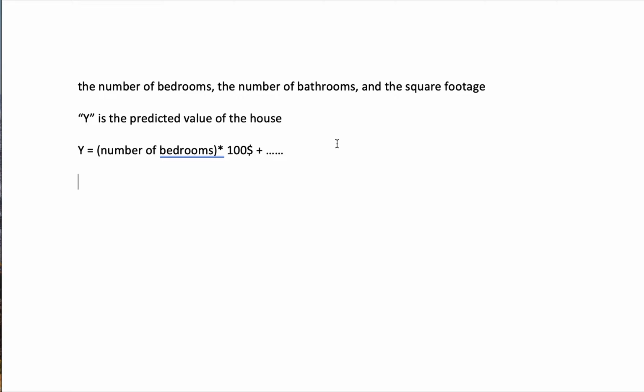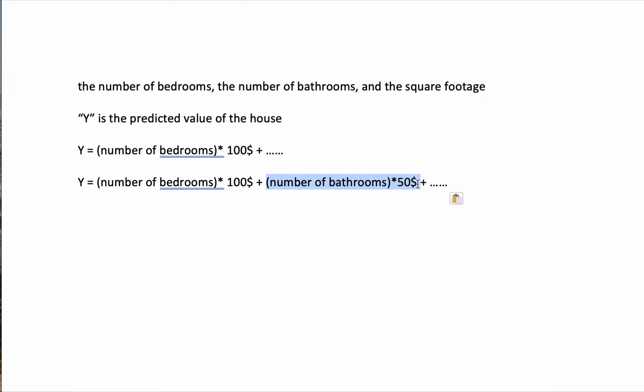So we're just now adding another term in here into our equation. So the predicted price of a house is going to be the number of bedrooms times $100 plus the number of bathrooms times $50.